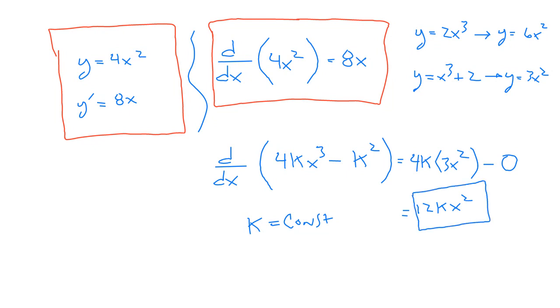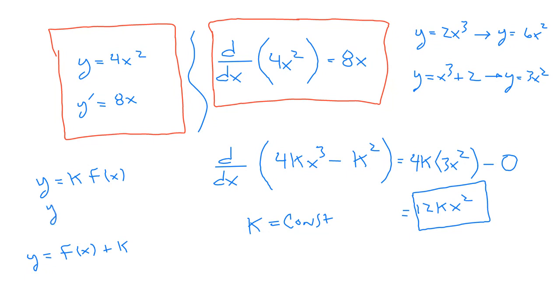All right, 12kx squared. Now, just as a word of caution to everybody in the class, if I were to write down the rules for derivatives, notice the difference between this one and this one. This first function says that y is some constant k times some function f of x.